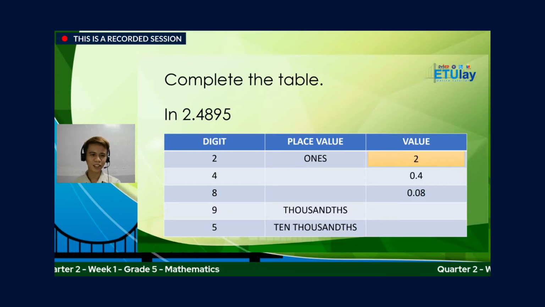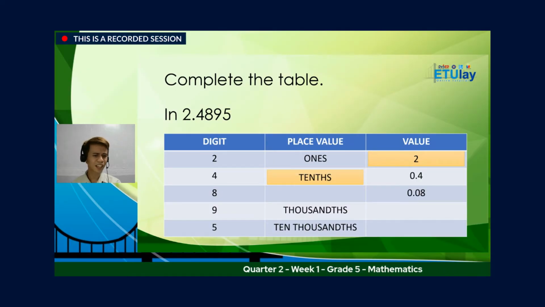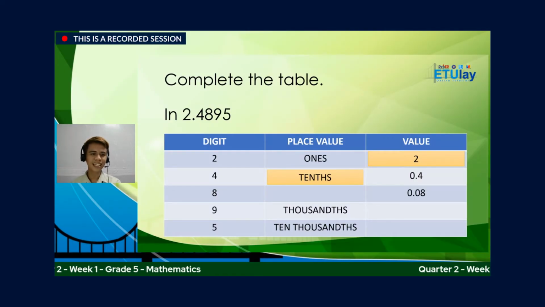Next naman tayo. Given naman ngayon ay yung value niya. So meron tayong value na 4/10 or 0.4. Ano kaya ang magiging place value ni 4 dun sa ating number na 2.4895? And yes, if your answer is tenths, you are correct. Ngayon naman, dun sa pangatlo na tayo. 8 naman. Tinatanong pa din kung ano ang place value ng 8 dun sa ating number.